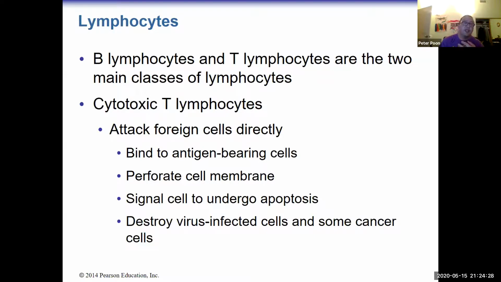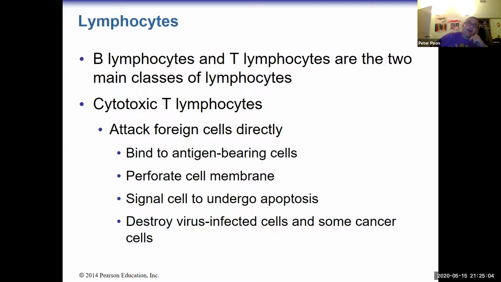All right, lymphocytes break down into B cells and T cells. The cytotoxic T cells attack foreign cells directly. So the way I like to visualize this, from the point of view of your immune system, there's only two things in your body: a bunch of cells and a bunch of fluid. The T cells attack cells. They bind to antigen-bearing cells.